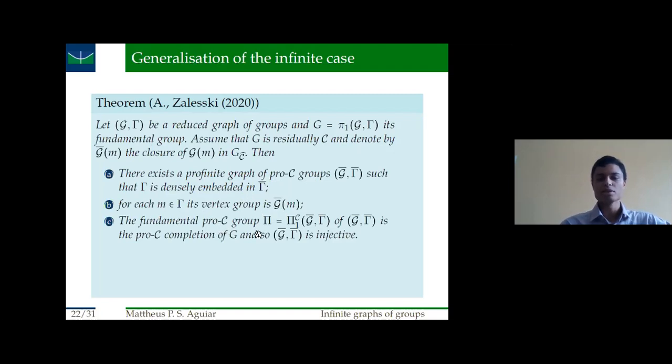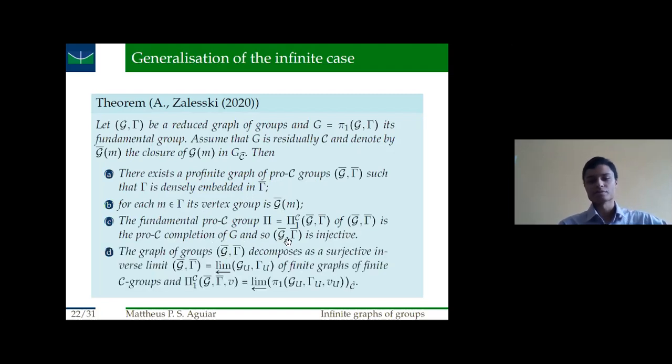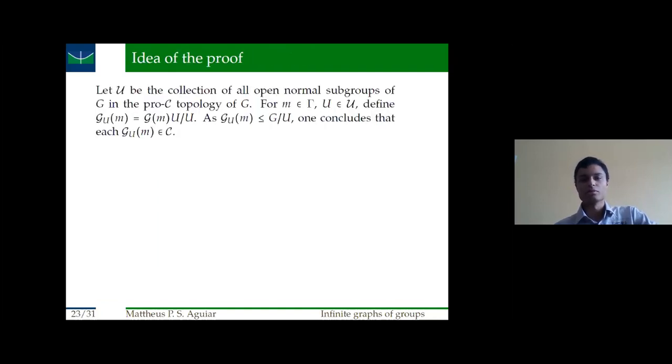The fundamental Pro-C group is the Pro-C completion of G, and this graph is injective. And the graph of groups decomposes as a surjective inverse limit of finite graphs of finite C groups, and the fundamental group is actually the inverse limit of the profinite completions of the abstract finite groups.